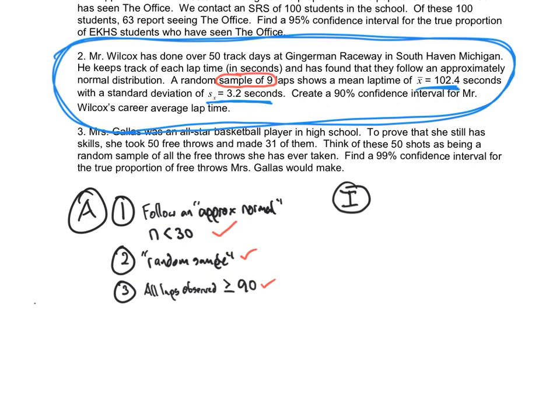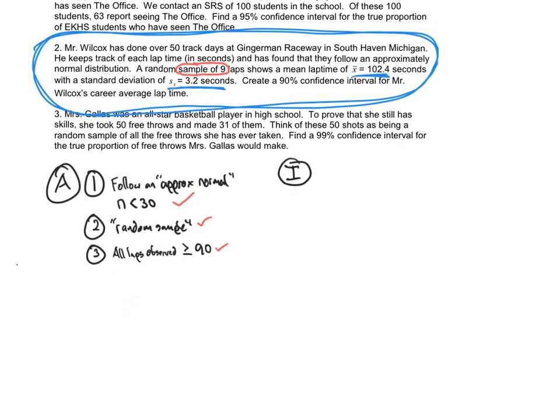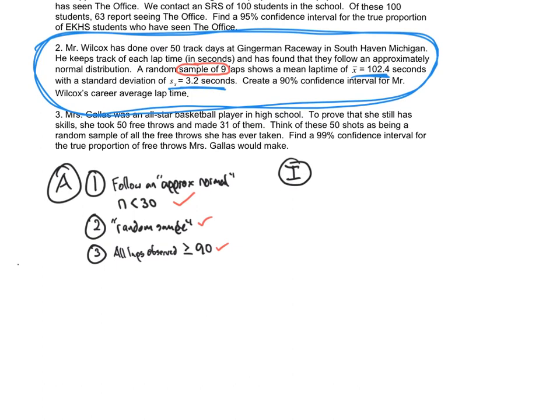So it looks like our checks are going to check out, right? Follows approximately normal curve, so that means no outliers, no skew. Random sample. We're going to assume that all laps observed, he's observed more than 90 laps, and it does say has done over 50 track days. So however many laps you see during the day, he's done over 50 of those, so that sounds safe to do. Go ahead and put everything else together there.